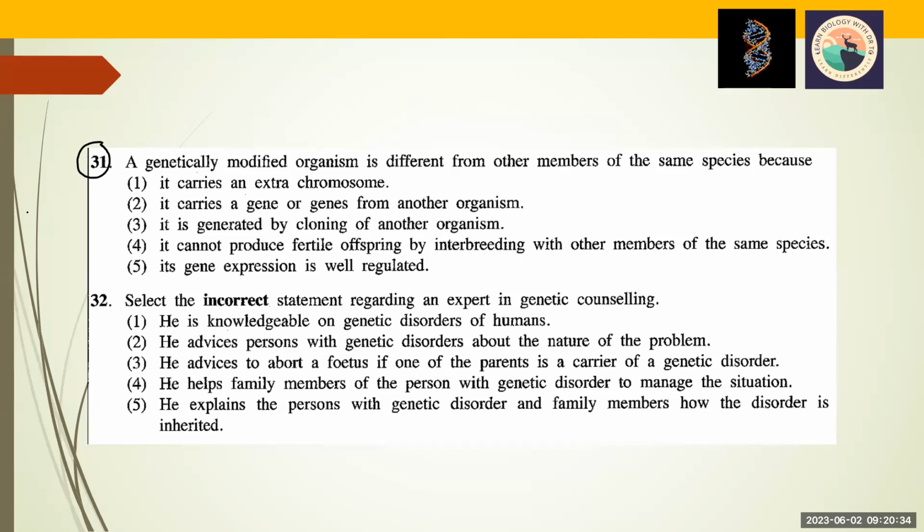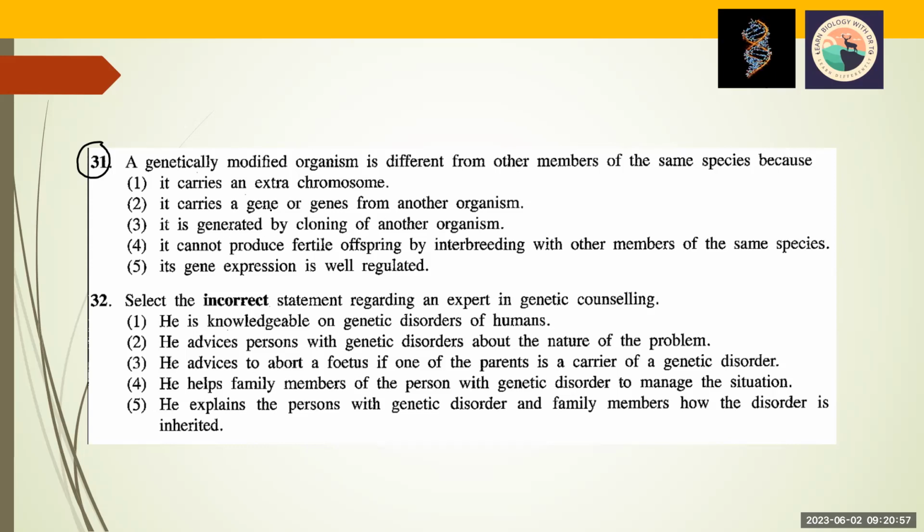Genetically modified organism is different from other members of the same species because... second answer. Yeah, I think it's quite an easy one. We learned a genetically modified organism contains foreign DNA.